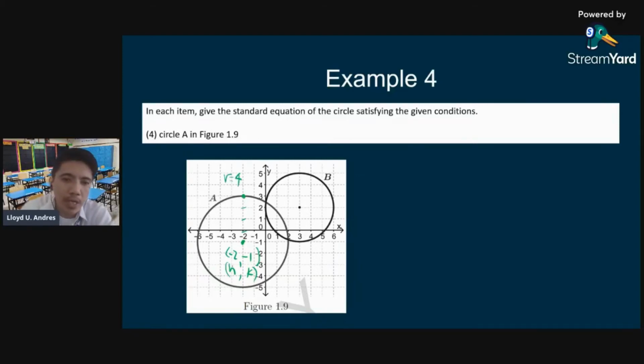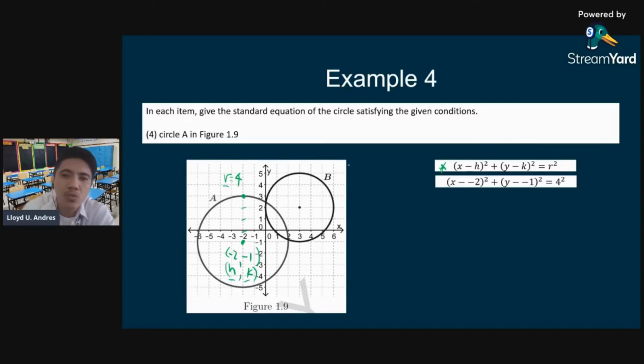Since we already have our h, k, and r, we can now use the standard form of the equation of the circle, which is the quantity of x minus h squared plus the quantity of y minus k squared equals r squared. We just need to substitute h with negative 2 and k with negative 1, because the y coordinate of our center is negative 1.